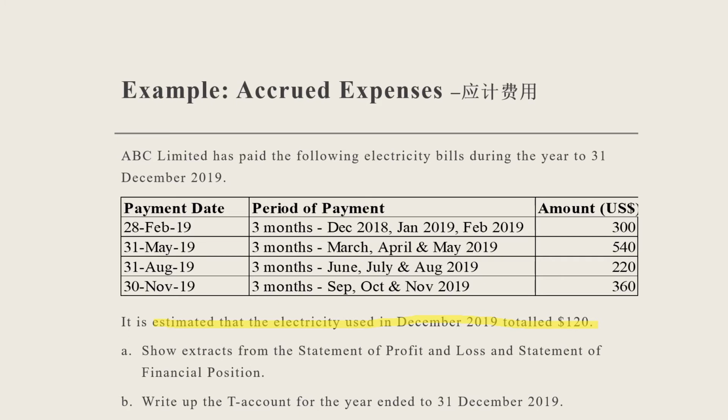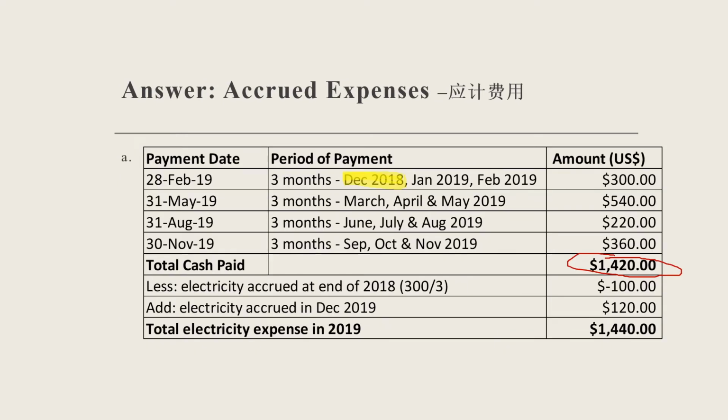How to calculate total electricity expenses in 2019?